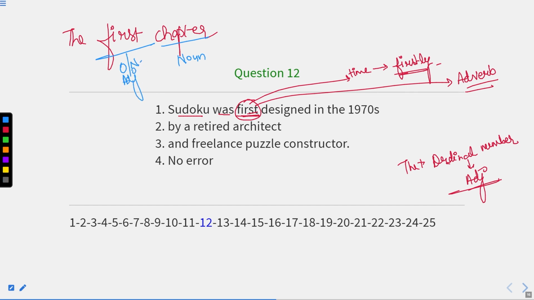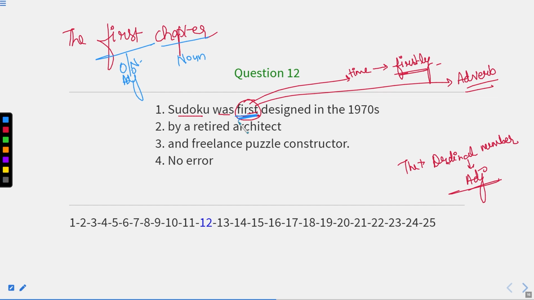But if you see this sentence here, we are saying that Sudoku was first designed. It means it was firstly designed in the 1970s, in the series of 1970s by a retired architect. So according to this concept, this first is not an ordinal number. I told you that we need to put the before the ordinal number, but not before any word.